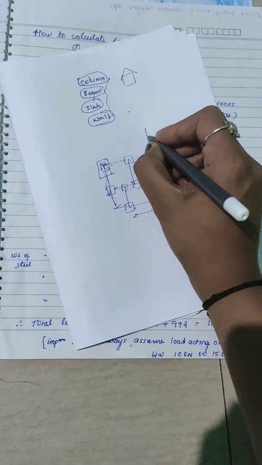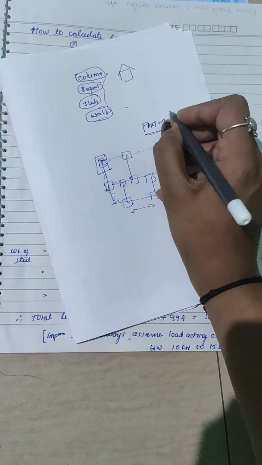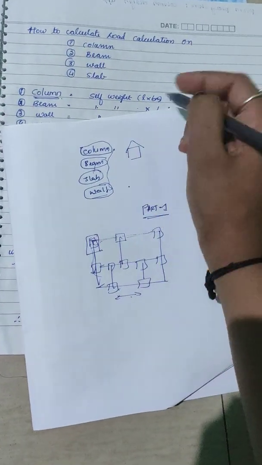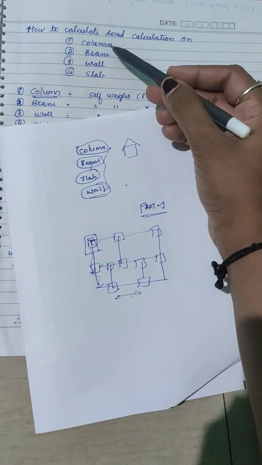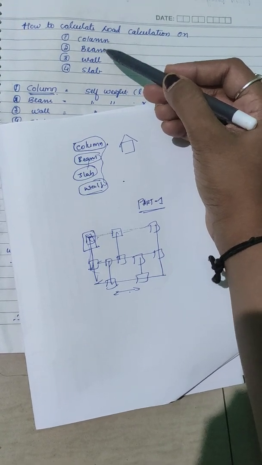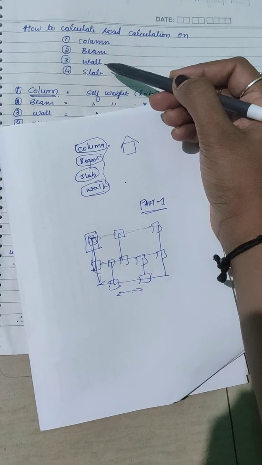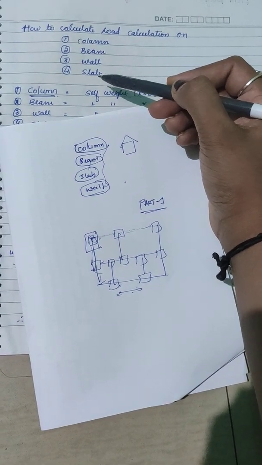So this is part 1, the video I am going to upload now. In this video I'll explain how you calculate the load that is acting on a particular column and beam. In the second part I'll explain how much load is acting on the wall as well as on the slab.